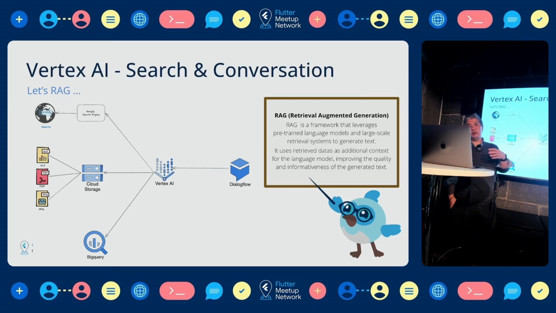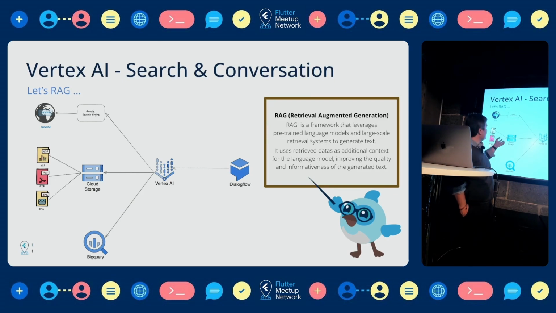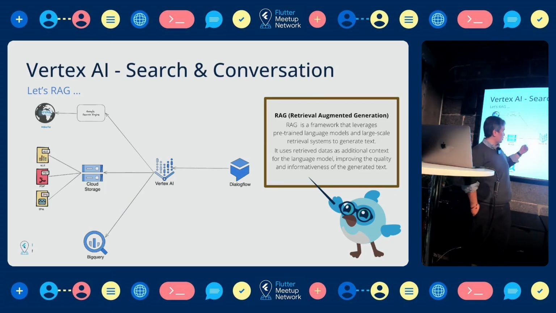So Google has implemented their own RAG for search and conversation. It's a way to analyze external data, transform it and understand it, and then pass it as context to your LLM to answer correctly.